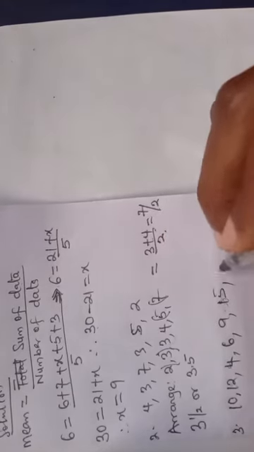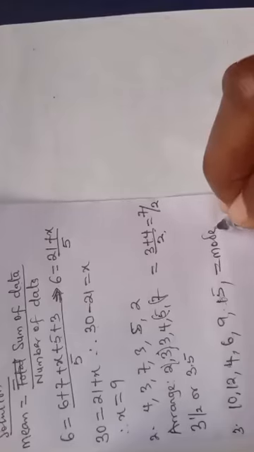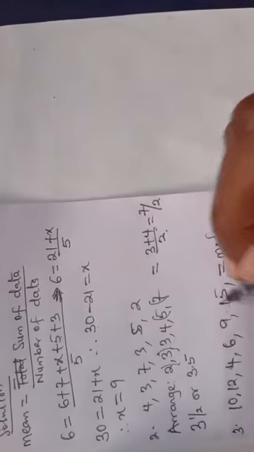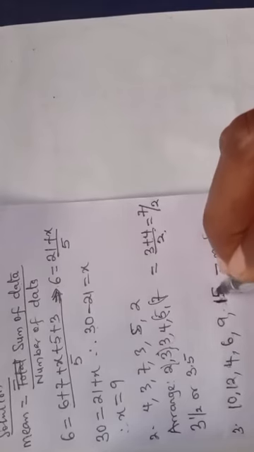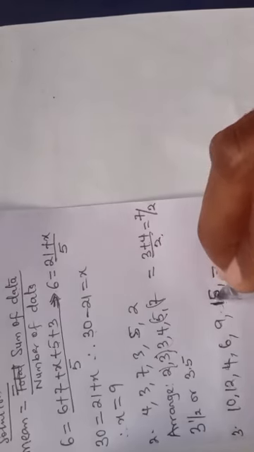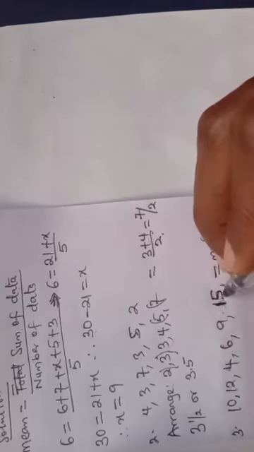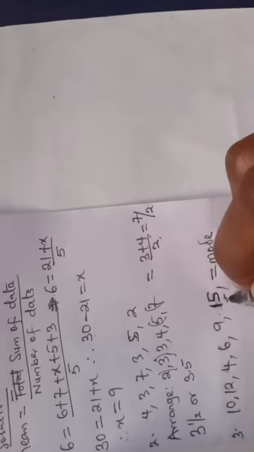Of course, that is our mode. Because this is one that frequently comes to people. This is one that is frequently being used. So that means our mode here is 15, or rather, our mode is the book with 15 number of readers.